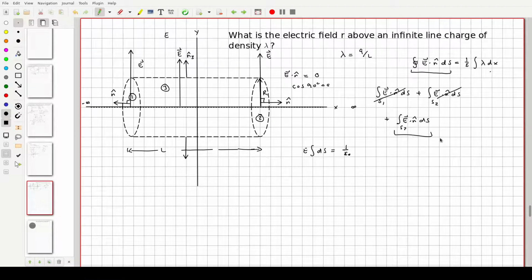Well, on the right-hand side, what I'm doing is I'm adding up all of the charge that sits in this line right here. Gauss's law only applies to the charge that's on the inside of your surface.